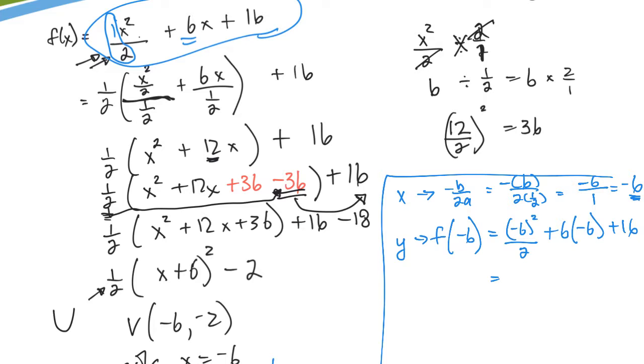So negative 6 squared is 36 divided by 2, that'd be a positive 18. 6 times minus 6 is a minus 36, plus 16. And if you add all that together, it gives you negative 2, which is what they have there as well. Okay, hopefully that helps you on that question.